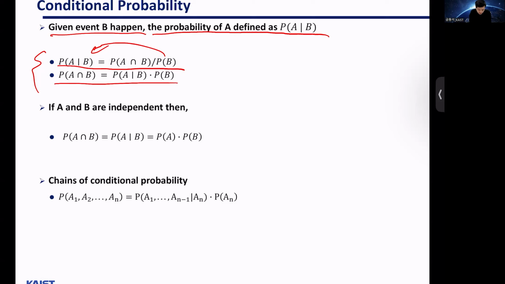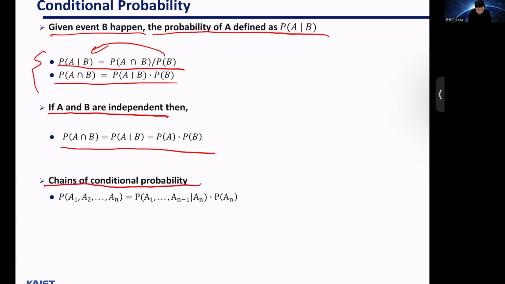And if A and B are independent, then this is true: the probability of A intersection B equals P(A) times P(B).